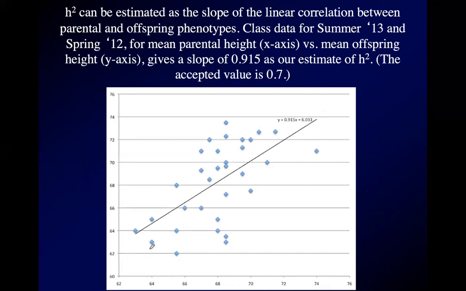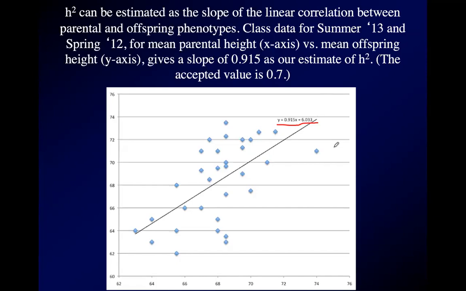That's on the x-axis, and the mean offspring height on the y-axis. That is the height of each student and all of their full siblings averaged out. When I plotted that, what I got was a line with a slope of 0.915. I don't know if you can see it, but that's the regression equation right there.